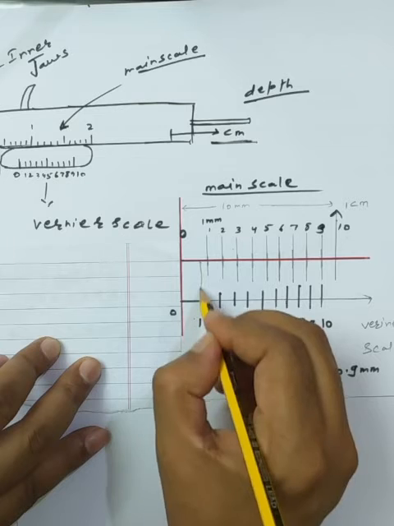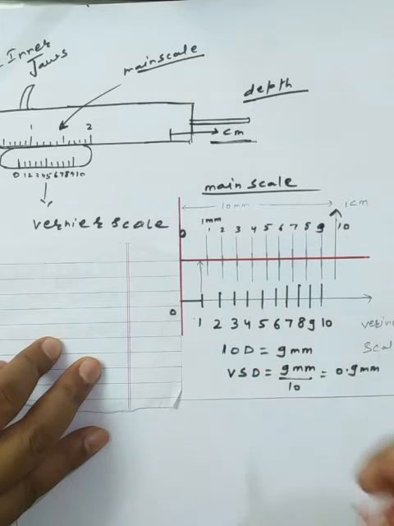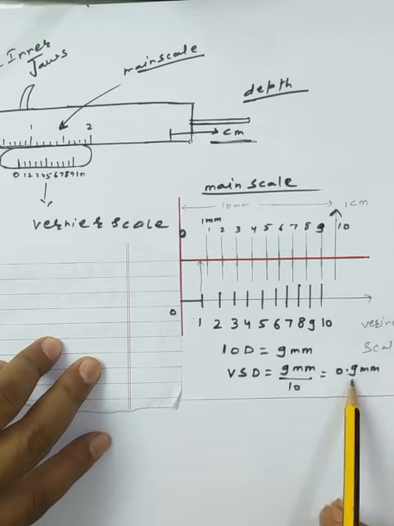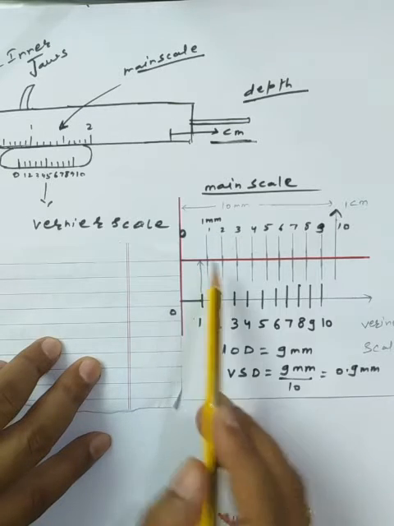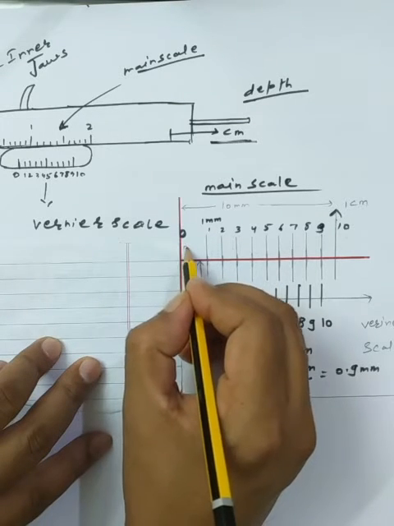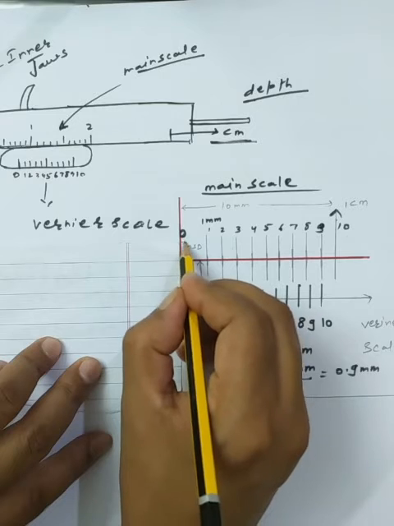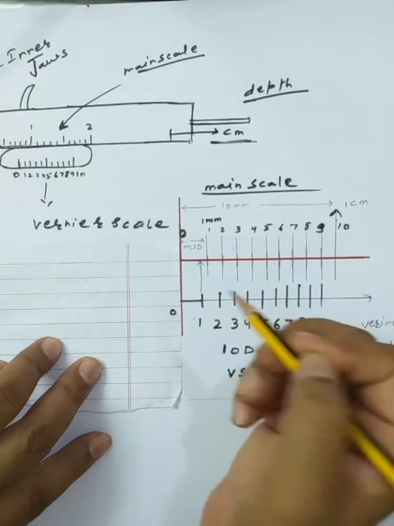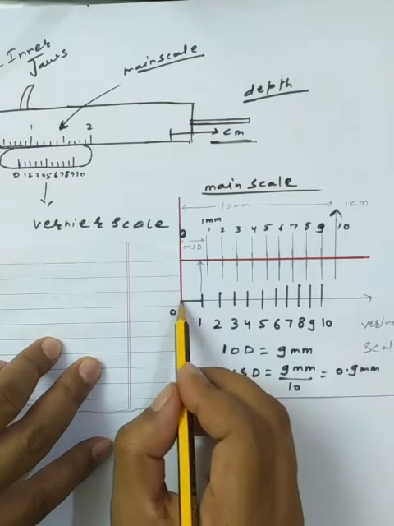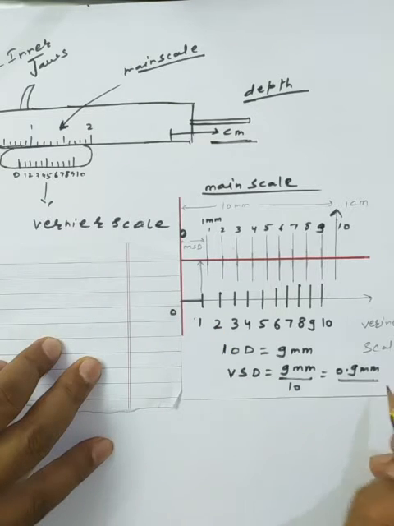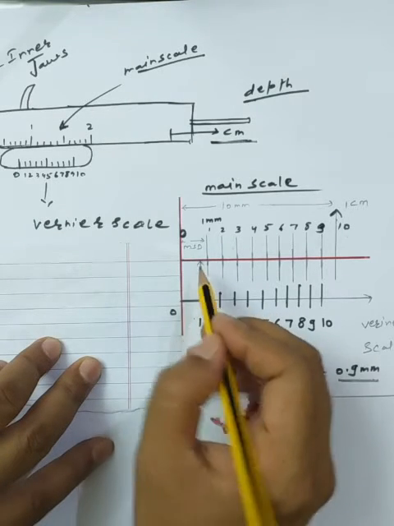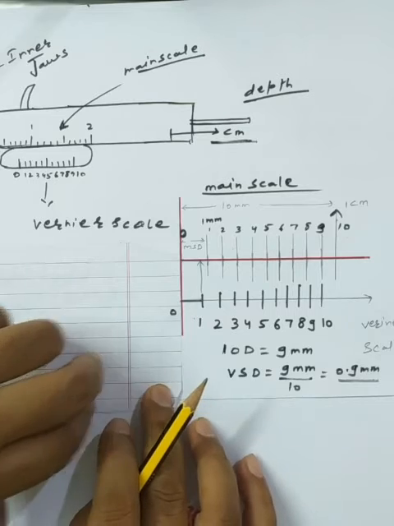If I compare it on the main scale, there is a difference of 0.1 mm from one main scale division. This is the main scale division, MSD, from 0 to 1. On the vernier scale, 0 to 1 has a length of 0.9 mm. So there is a little difference of 0.1 mm between one main scale division and one vernier scale division.